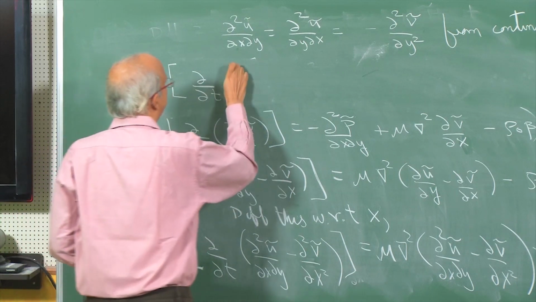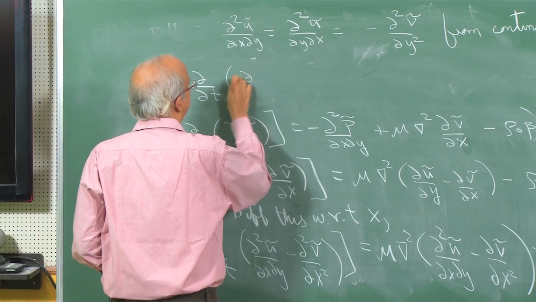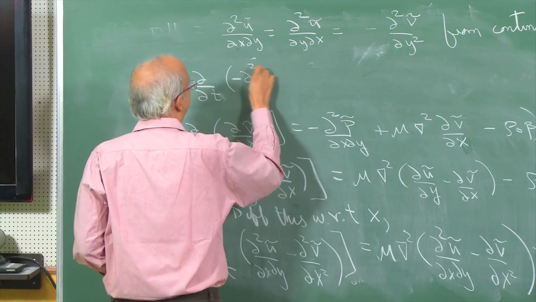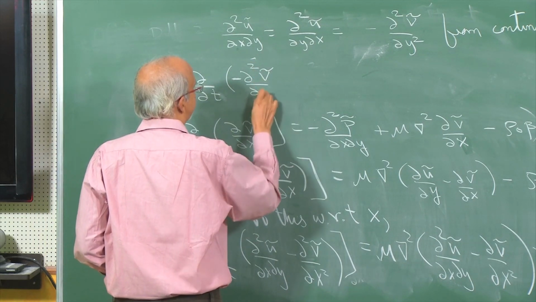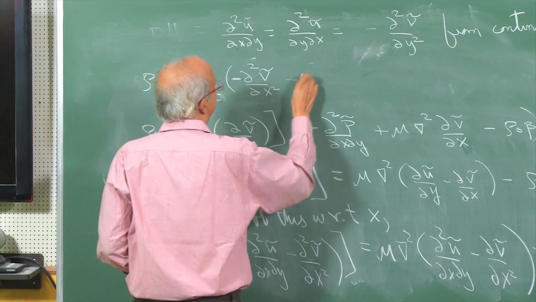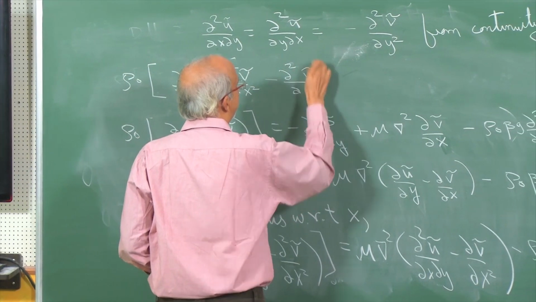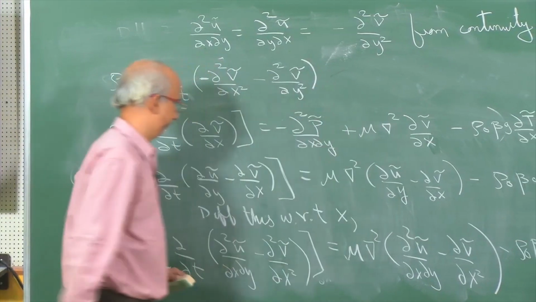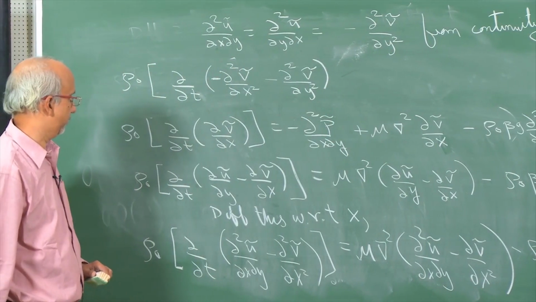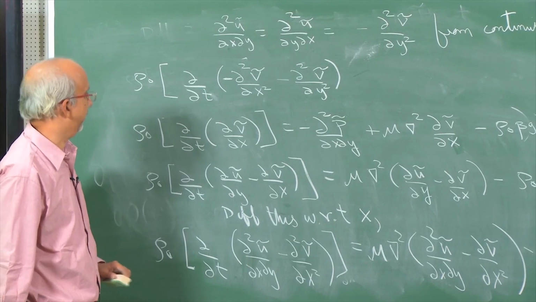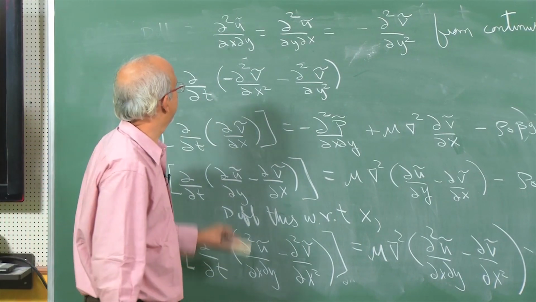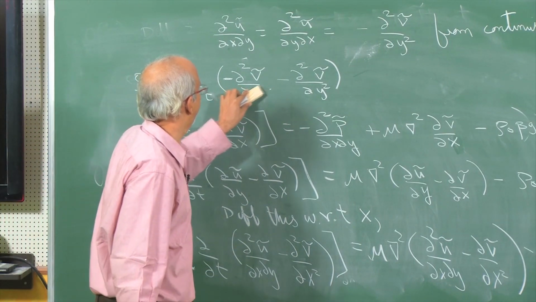of the negative of d square v tilde with respect to x squared minus d square v tilde by dy squared. I should actually write it the other way, and let me write it the right way.